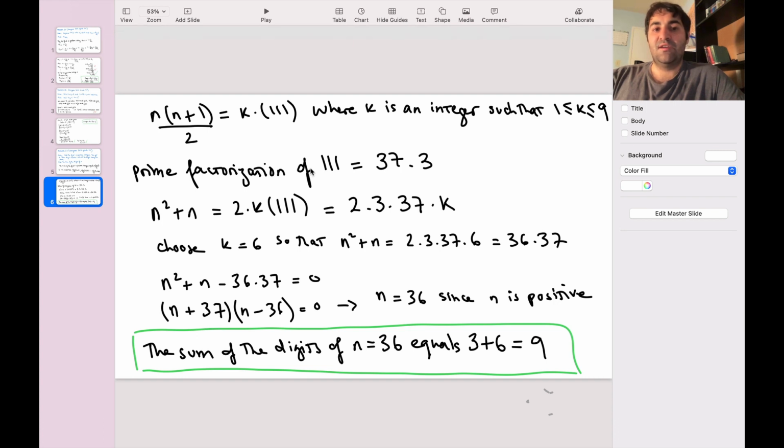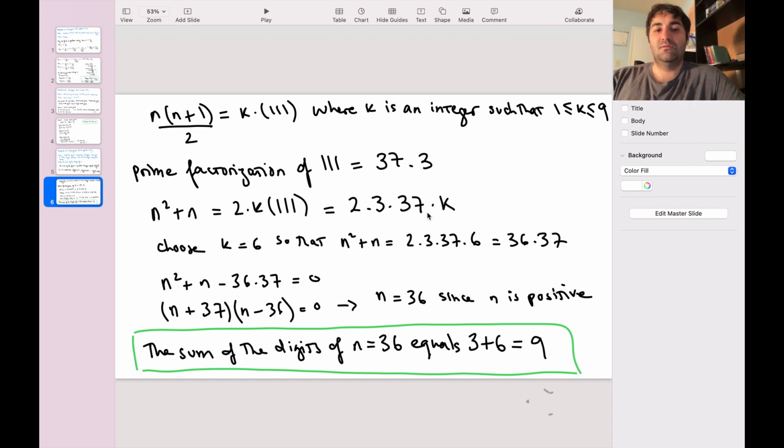We can factorize 111 as 37 times 3. If we cross multiply, we get n squared plus n equals 2k times 111, which is equal to 2 times 3 times 37 times k.